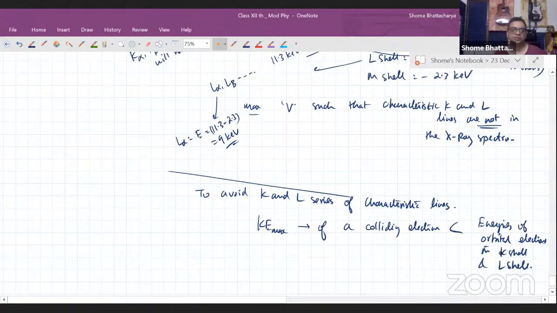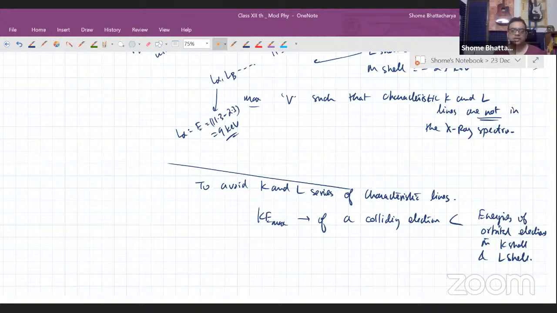If you can't rip out these electrons, then you will not get transitions from a higher energy state to the K series or to the L shell. So those particular wavelengths will not be emitted. Are you understanding?